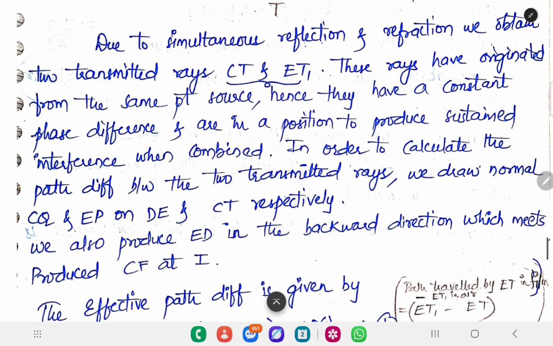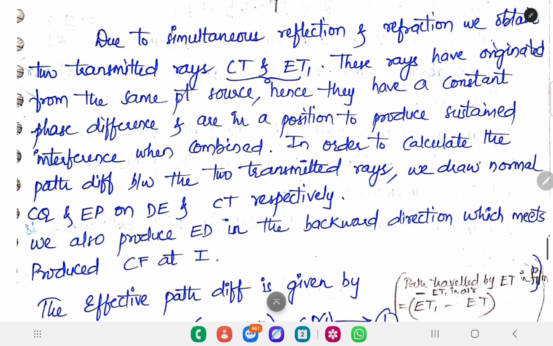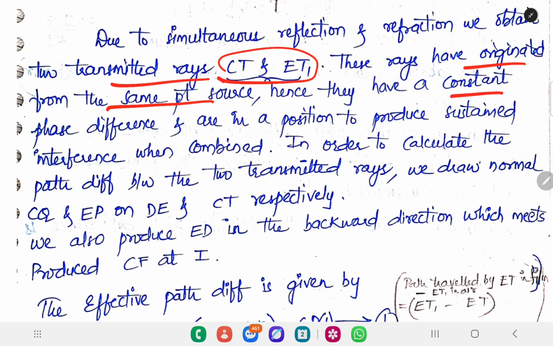Due to simultaneous reflection and refraction, we obtain two transmitted rays CT and ET1. These rays have originated from the same point source, hence they have a constant or zero phase difference, and they can produce sustained interference when combined.